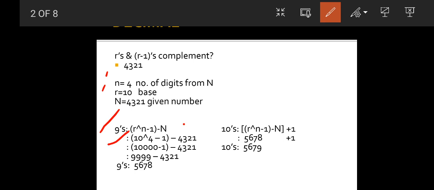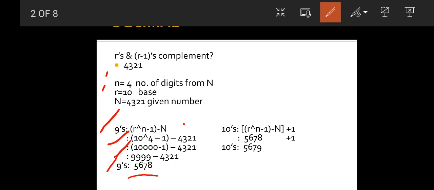And then you have to get the value of 10 raised to the power of 4, which is 10,000, minus 1, and then minus 4321. The result of 10,000 minus 1, subtracted by 4321, gives your 9's complement, which is 5678.